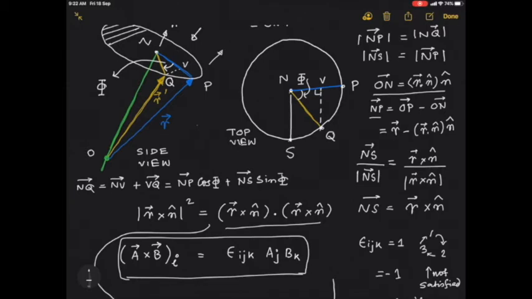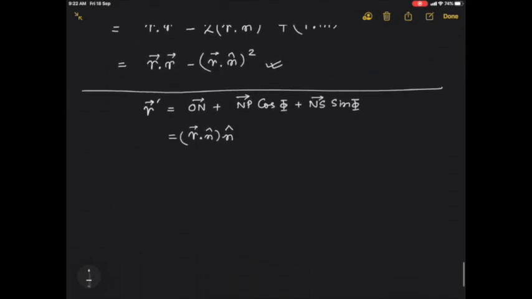So over here NP is r minus r dot n cap times n cap, and NS is r cross n cap. So r prime is r dot n cap times n cap, plus r minus r dot n cap times n cap, and then I have cos phi, plus NS is r cross n cap, sin phi.